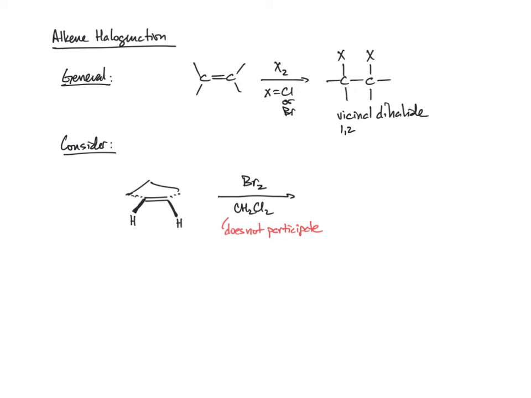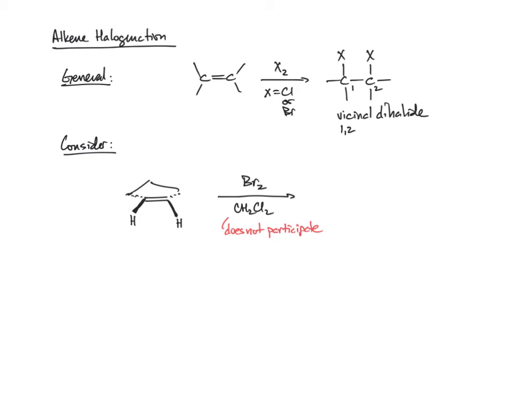They're in a 1,2 relationship. That's what we mean by vicinal, and that's just relatively speaking. If this was 1, that would be 2. That doesn't deal with the IUPAC numbering scheme of the molecule. It's just a relative relationship.